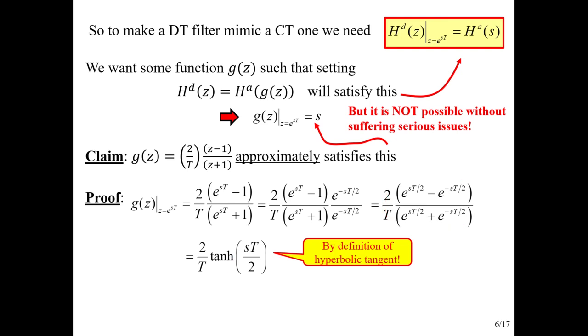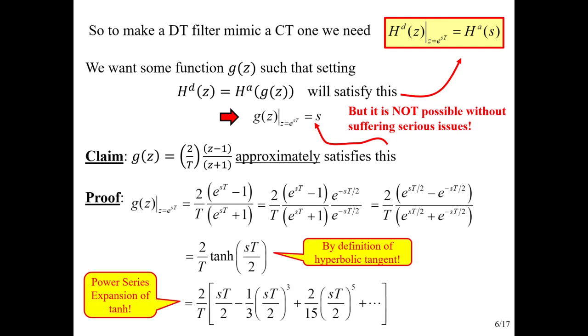But without that, the mathematics tells us it has to be what's called a hyperbolic tangent. That's just by definition of the hyperbolic tangent. You probably saw this back in your calculus class, and you probably went, oh, that's weird, I don't think I'll ever need that. Guess what? You do. Here it is.